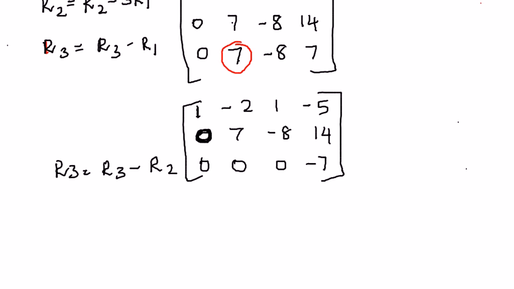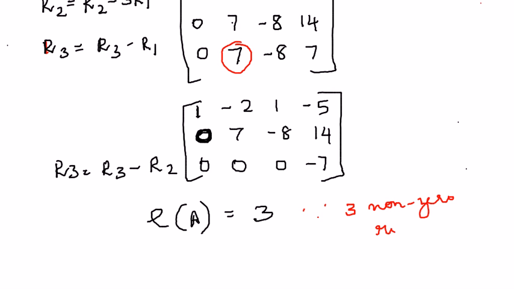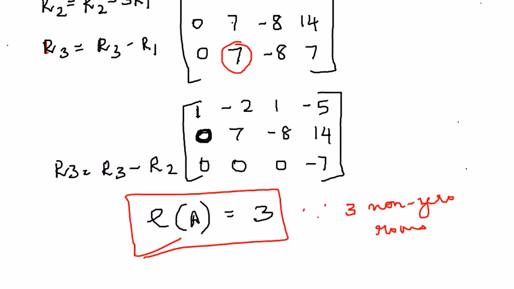So what is the rank of this matrix? The rank of this matrix A will be 3, because there are 3 non-zero rows. The rank of a matrix is nothing but the number of non-zero rows present in an echelon form.